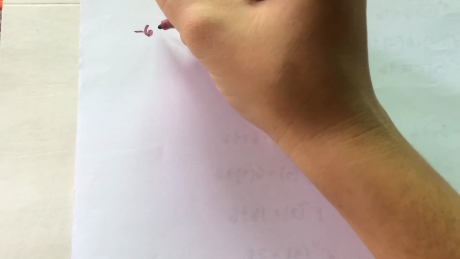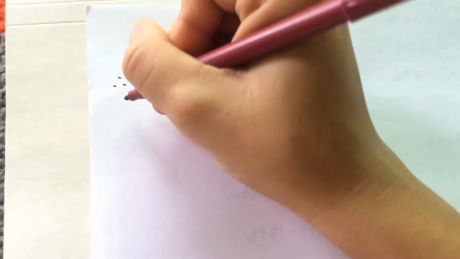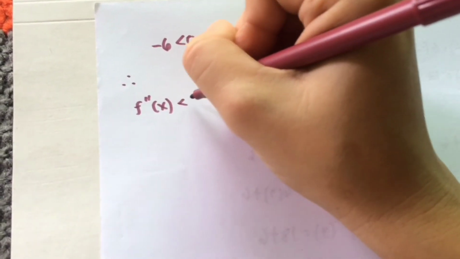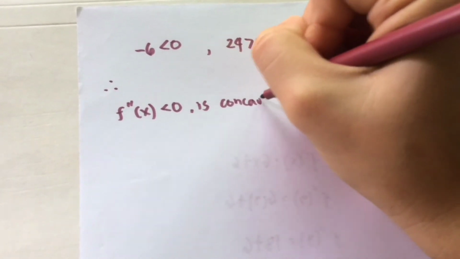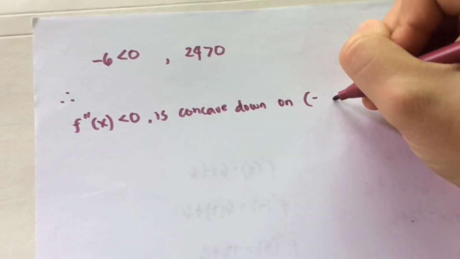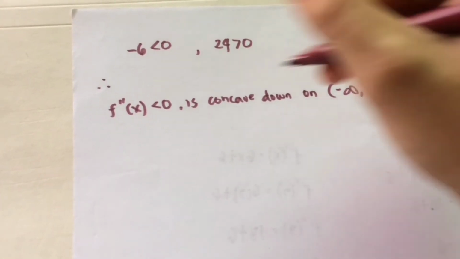Since negative 6 is less than 0 and 24 is greater than 0, we conclude that where the second derivative is less than 0, it is concave down on negative infinity to negative 1.